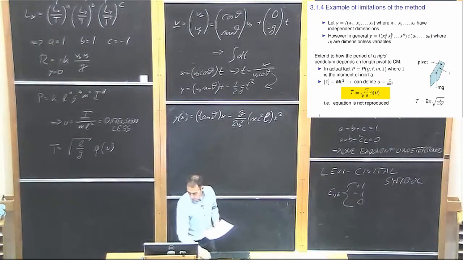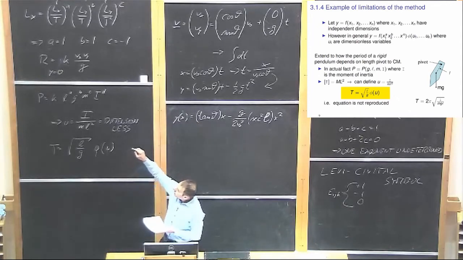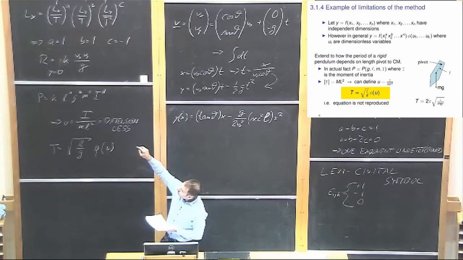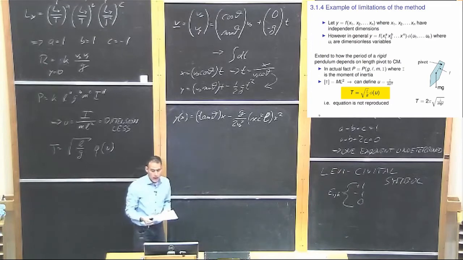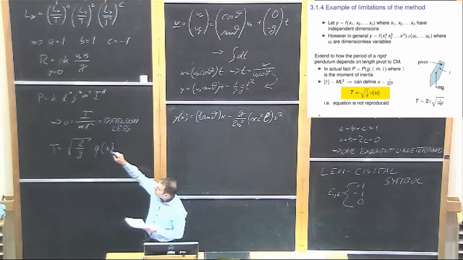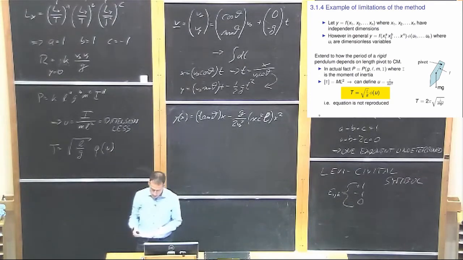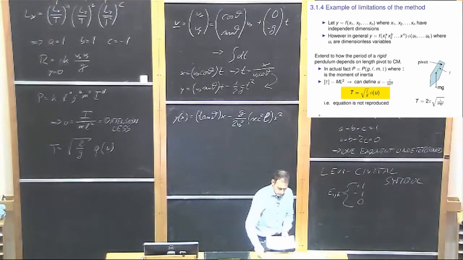So this is a little bit more of a challenge, and in general you have a function with independent dimensions, but then you have some dimensionless variables put in there, and we would not know how to figure it out. We'll derive that this is the period depending on the moment of inertia, but it's not always that straightforward.